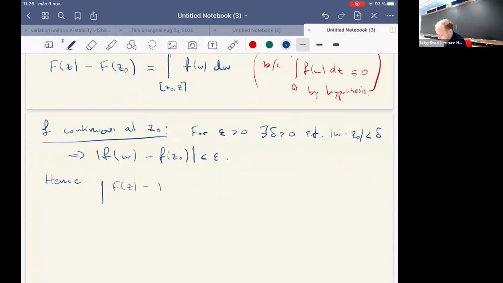What do I need to do? I wanted to show that capital F is an antiderivative of small f. So what I need to do is look at this kind of quotient and see what happens. Or rather, I want to show that it's differentiable, and then its derivative has to be f. So this is equal to the absolute value of this.